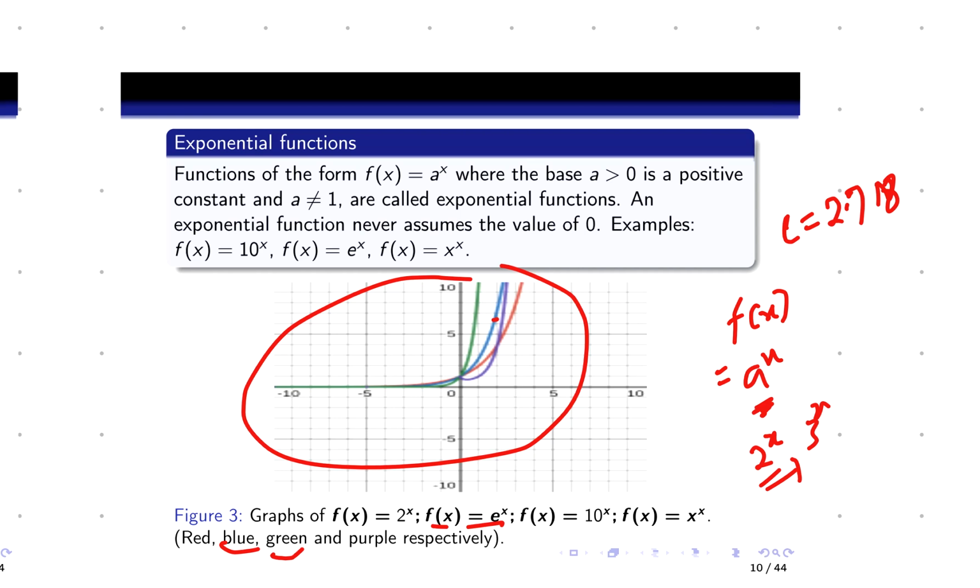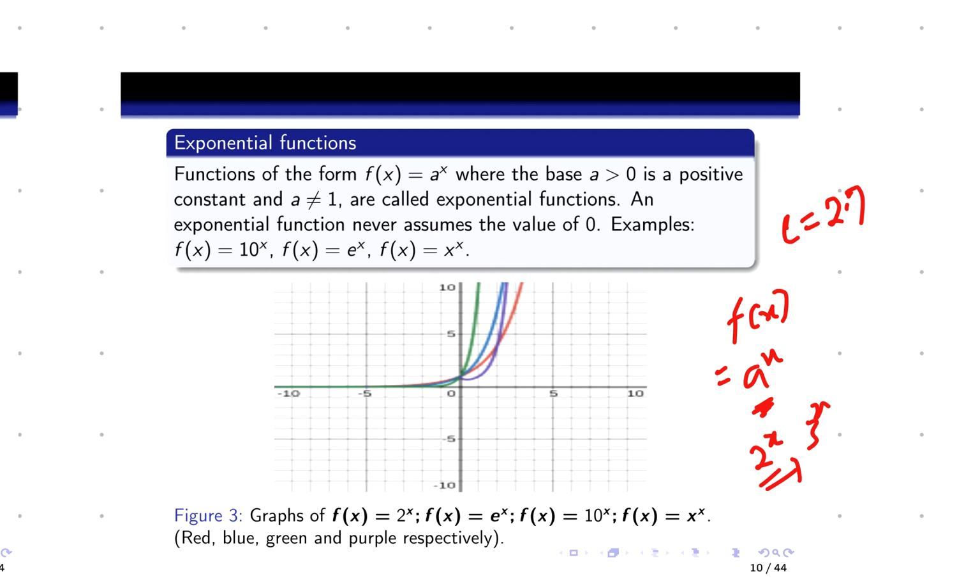The green line is 10 raised power x. And f of x equals x raised power x is the purple line. So this purple line is x raised to power x, like that. So that is about exponential functions. You have a number raised to the variable, and that becomes your exponential function.